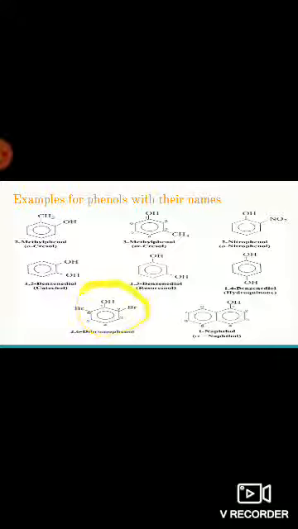This is 2,6 dibromophenol. This is a naphthalene derivative, and the position of the hydroxy group is first, so it is 1 naphthol, also known as alpha naphthol. These are the examples of some phenols with their names.